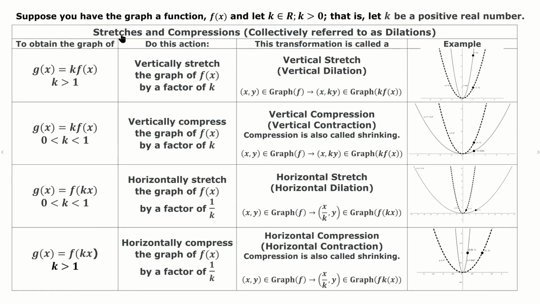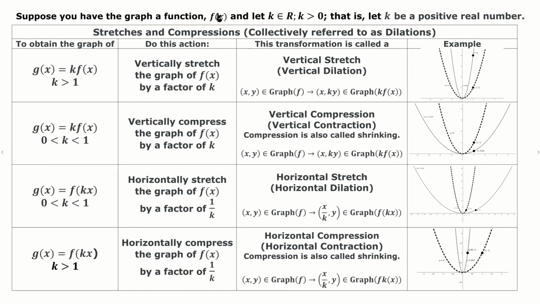The next group of transformations we're going to look at do change the shape of a graph. The general term for this kind of transformation is a dilation. Even though when you think of dilation, you always think of a stretching, it's also the general term that handles shrinking and stretches, both stretches and compressions.